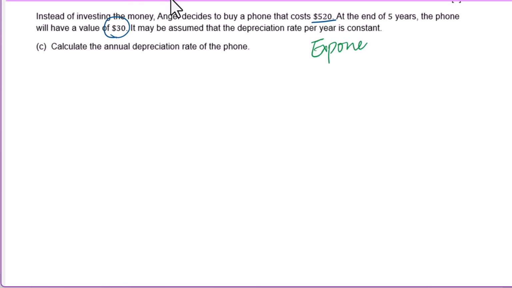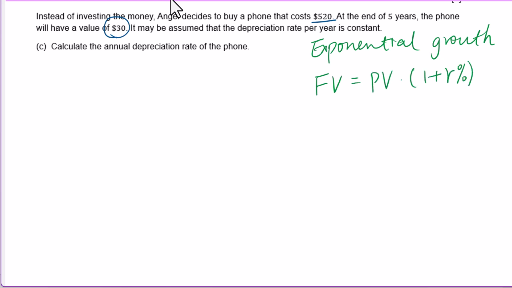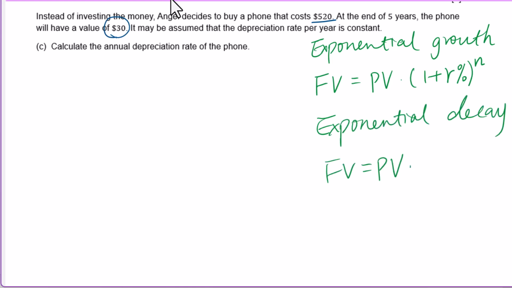For exponential growth, future value equals present value times (1 plus R percent) to the nth power. For exponential decay, future value equals PV times (1 minus R percent) to the nth power. N means number of periods.